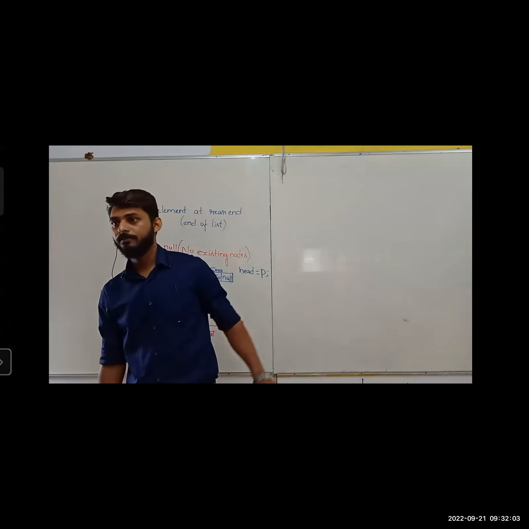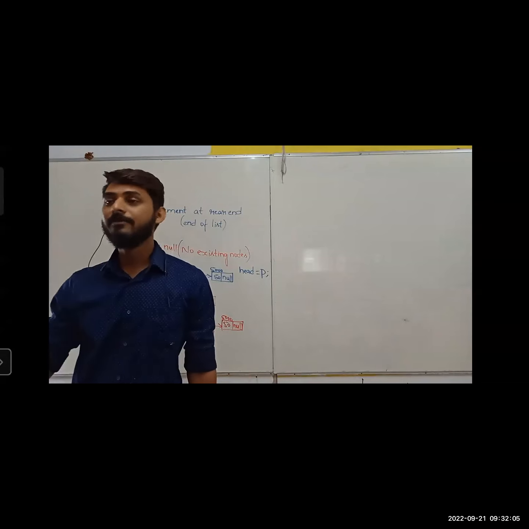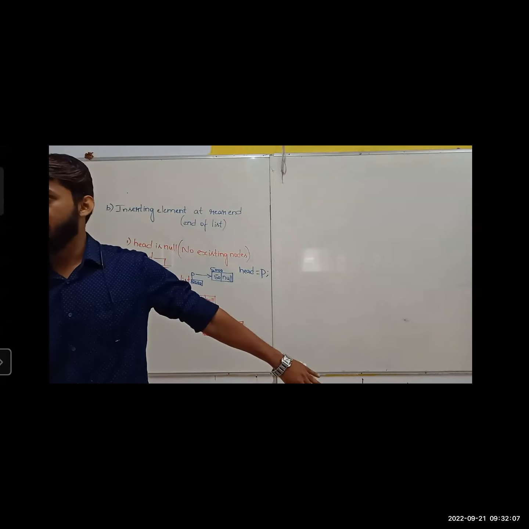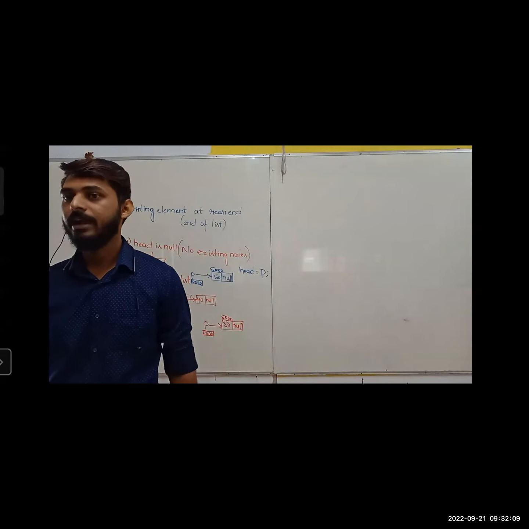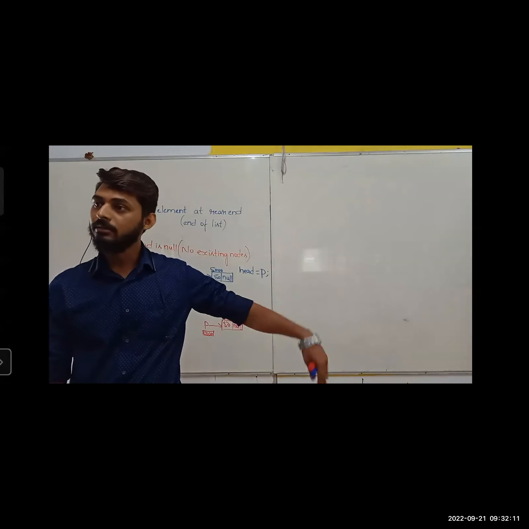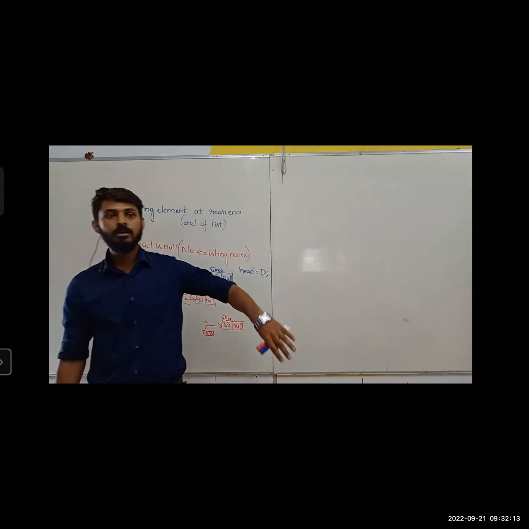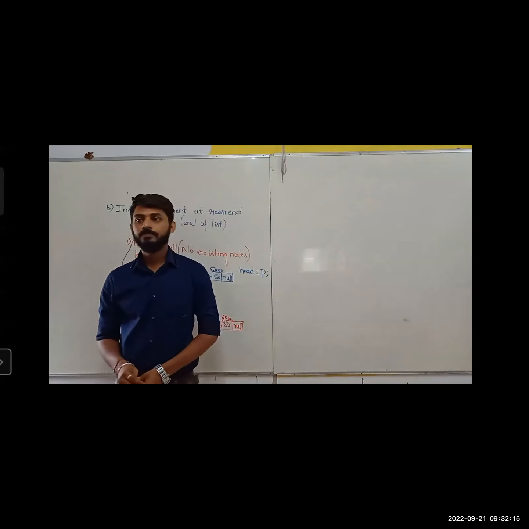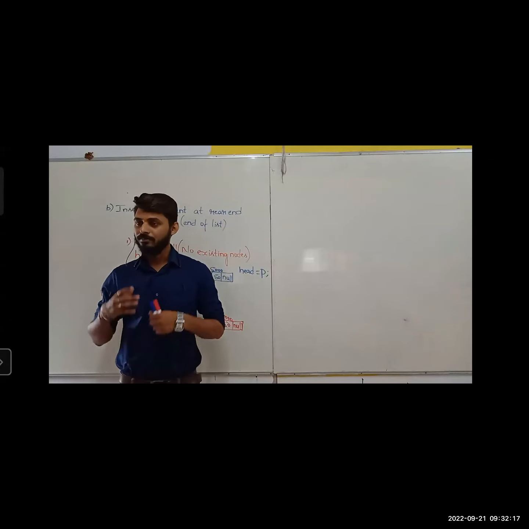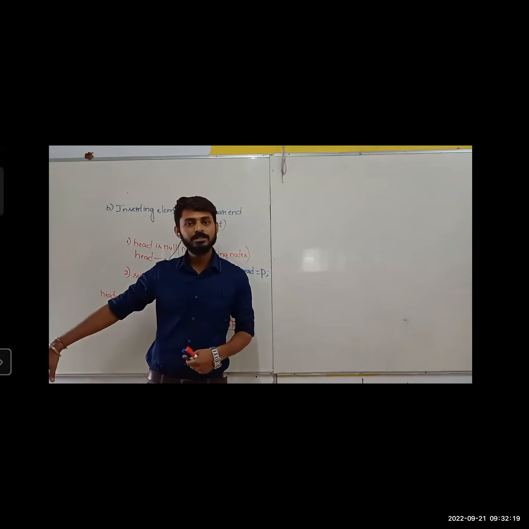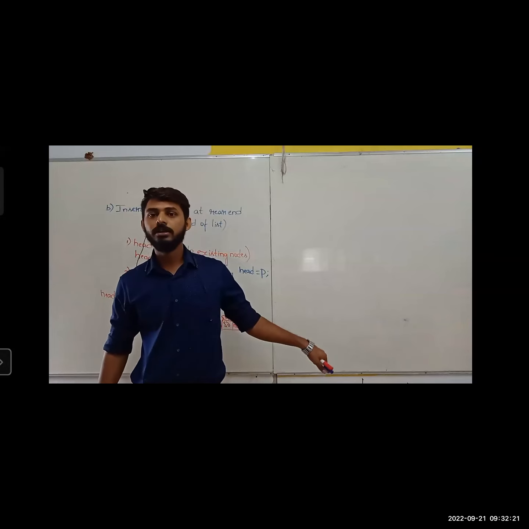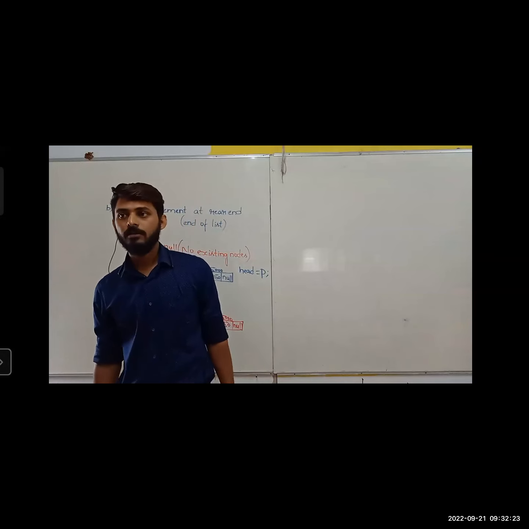Till there I'll go. As soon as I find only one single hand, there I'll place Naveen. And I'll make sure that Naveen and the other person standing beside him are holding hands together. If I'm standing here, this side I should hold hands and this side I should point to null. Yes or no?